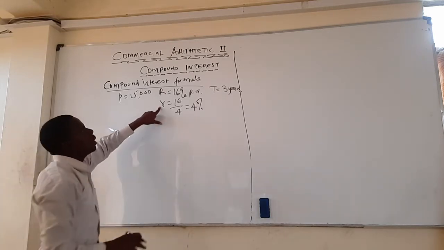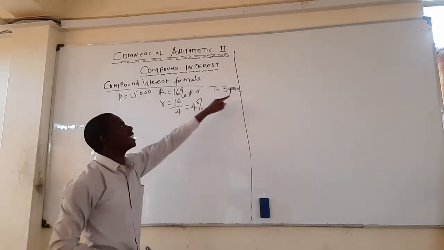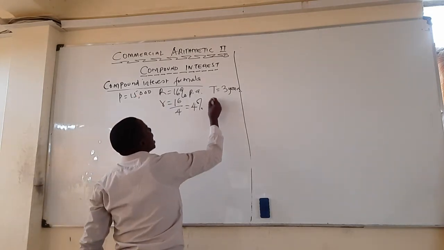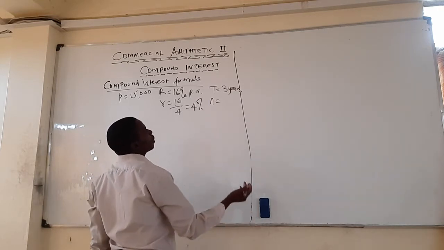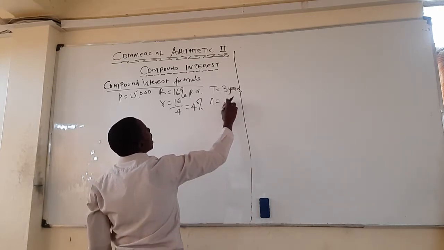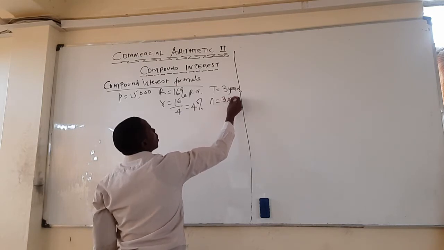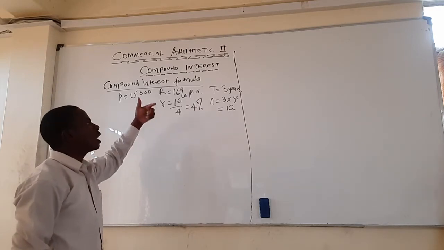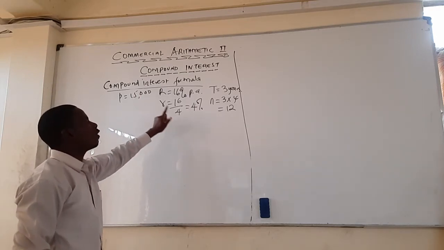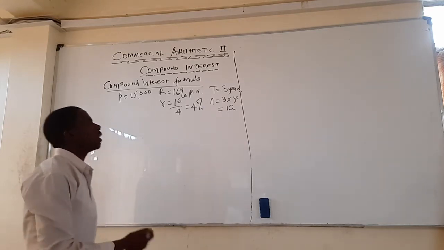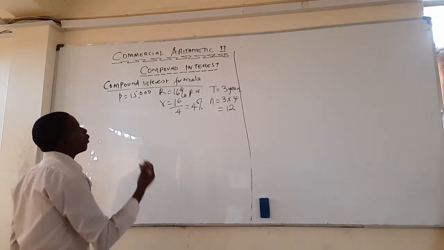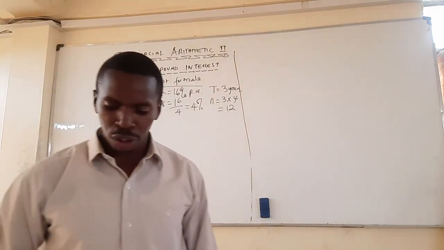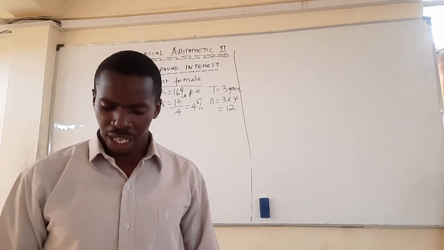Then, because our time is 3 years, and in 1 year we have 4 periods, our n, the number of times we are going to compound, is 3 times 4, which is 12 periods. And when you have that information, getting the amount after that is very simple.